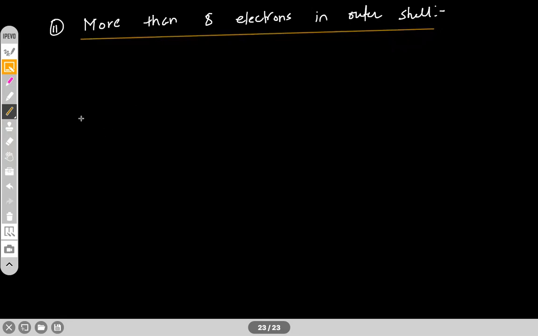Okay. Write down, there are molecules which contain more than 8 electrons, but still they are stable.